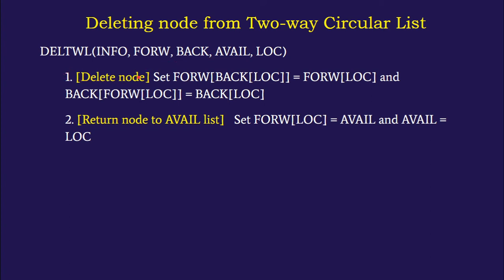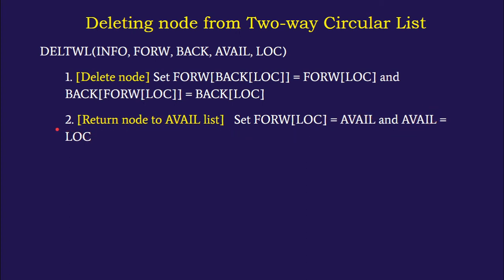What is deleting? Set forward of backward of LOC equal to forward of LOC, and backward of forward of LOC equal to back of LOC. That means we are removing the back pointer as well as the front pointer for the data in location LOC. And once it is removed, that memory has to be returned to the avail list. That is done by setting forward of LOC equal to avail, and avail equal to LOC.